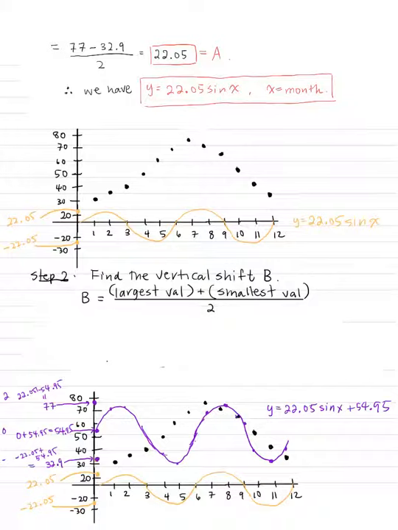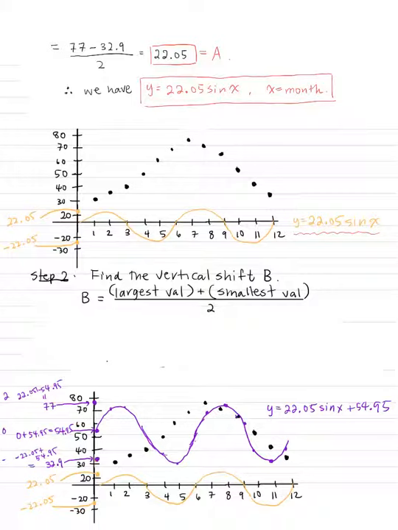I just drew the graph of y equals 22.05 sine of x in the yellowish color. That will be this function here. But that's not quite touching the data, so we still have to do something about it.